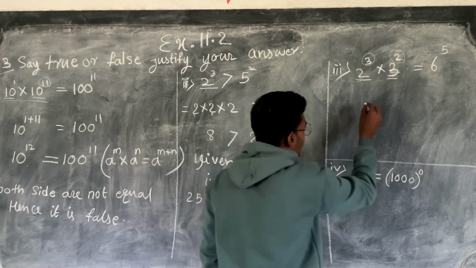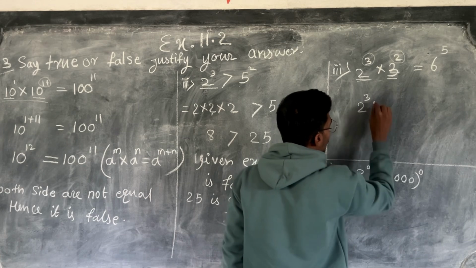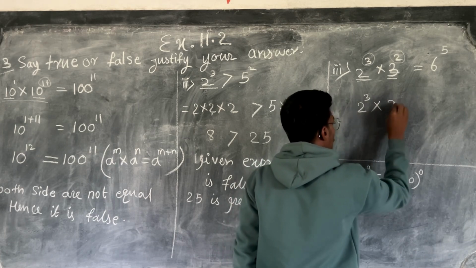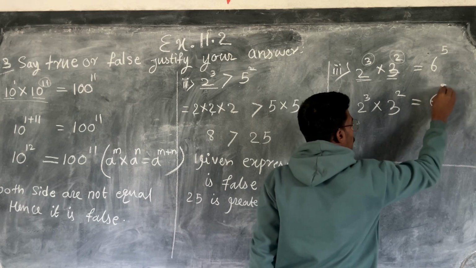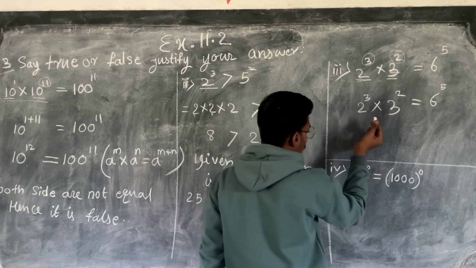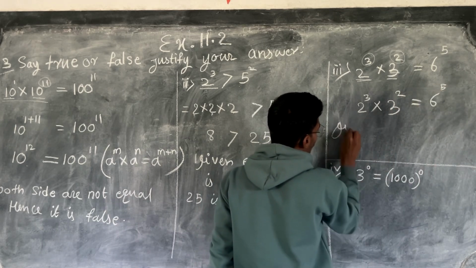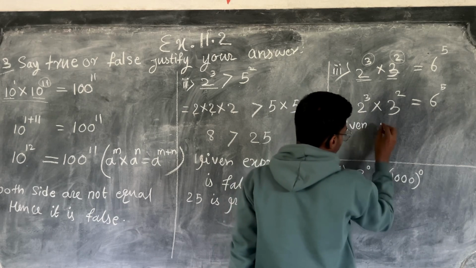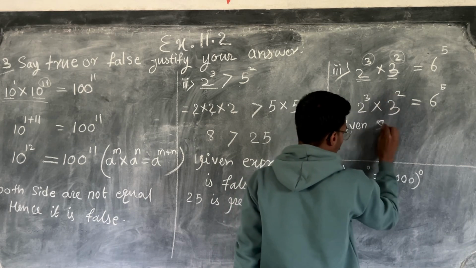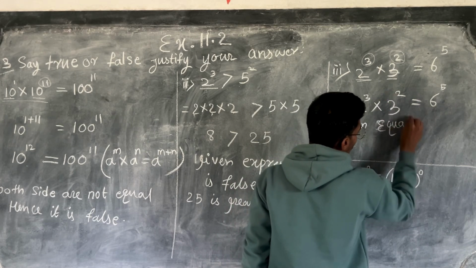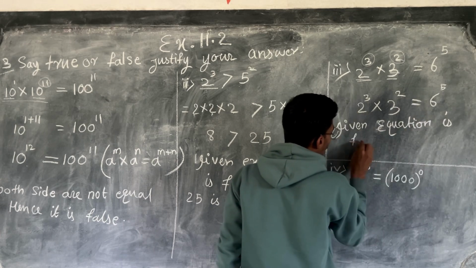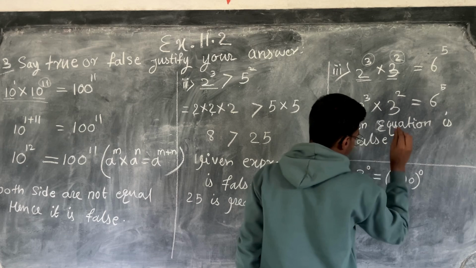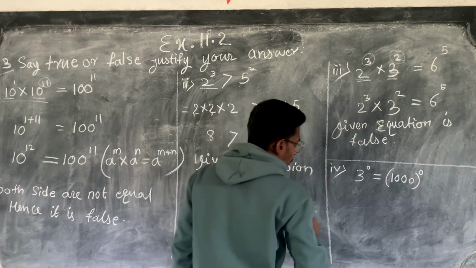So we write it as it is, 2 to the power 3 into 3 to the power 2, which is not equal to 6 to the power 5. So you have to write given equation is false. So come to the fourth sub question.